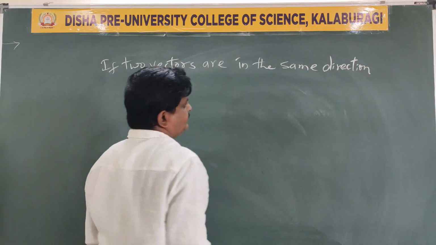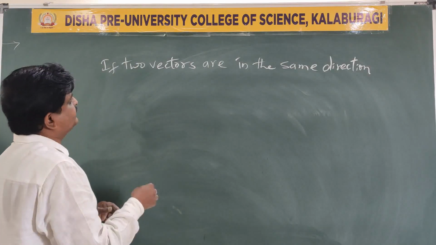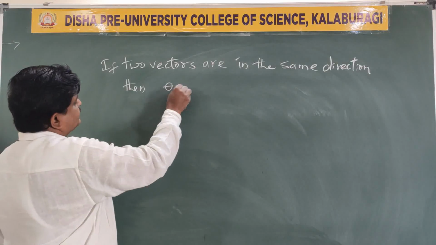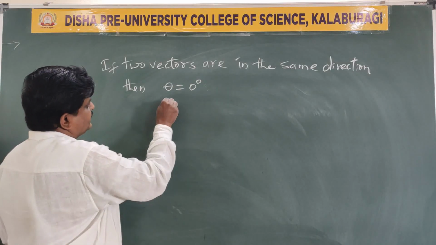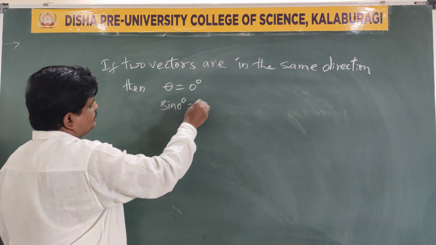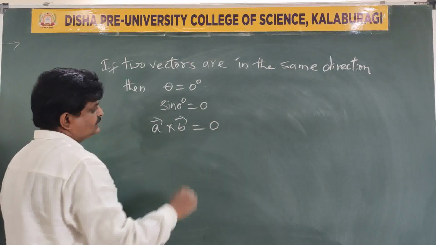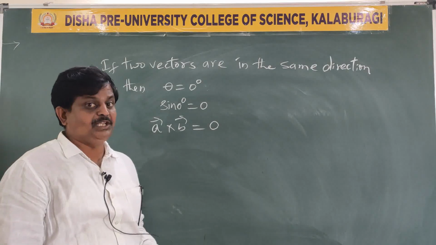It is 0 degrees. Sin 0 is 0, no? Therefore, the cross product of two vectors is 0, or you can call it minimum.